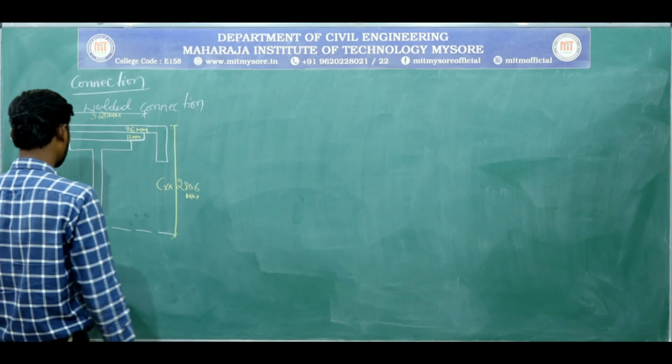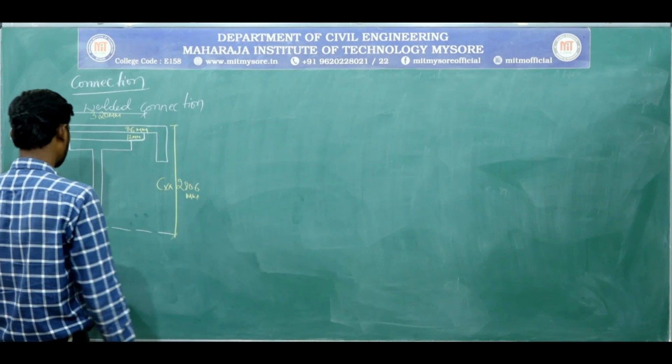We will be having somewhere here the CXX for the channel section, 24.2. C value for channel section, 280.6 minus 24.2 for the first member, that is channel section from the reference axis.